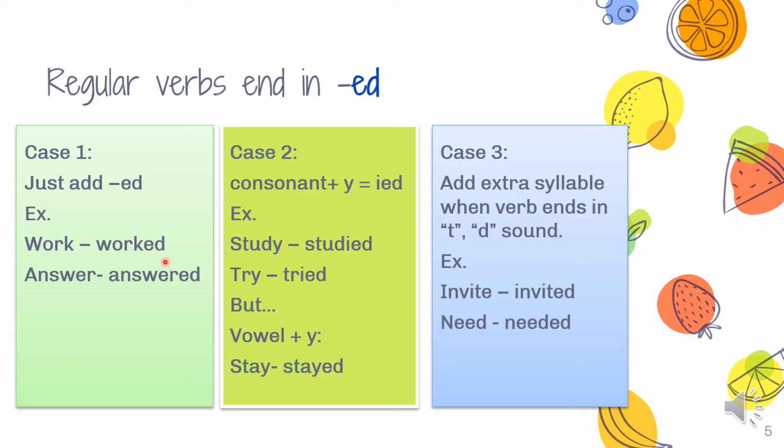Work, worked. In this case, answer, the R is not a voiceless sound. The R permits the air through your nose and vocal parts of your mouth, and that means that it's not voiceless. This is a voiced sound.